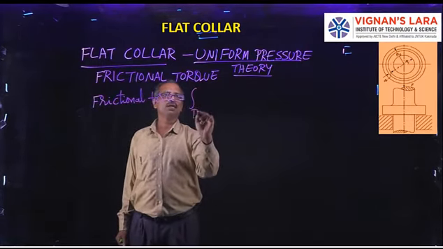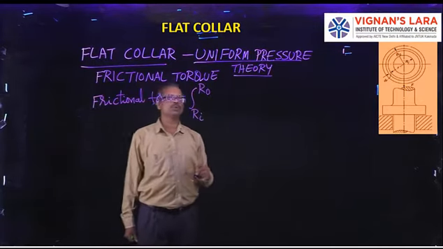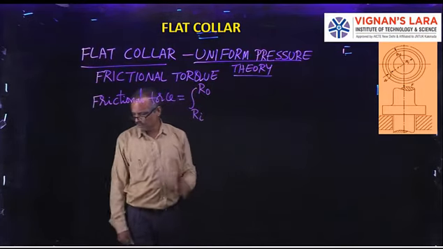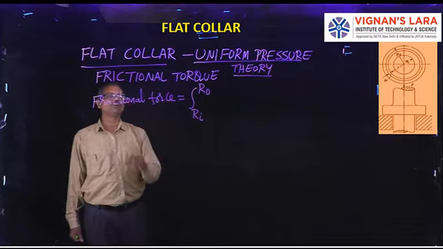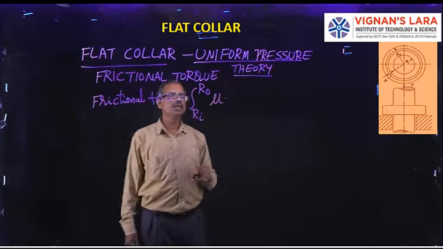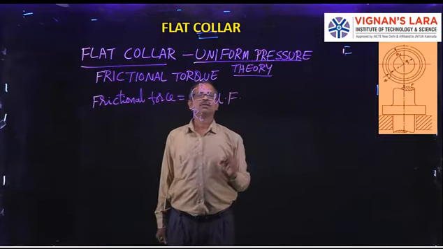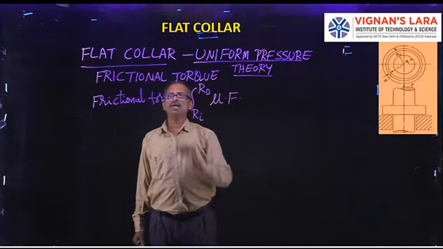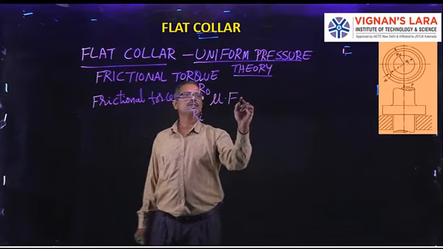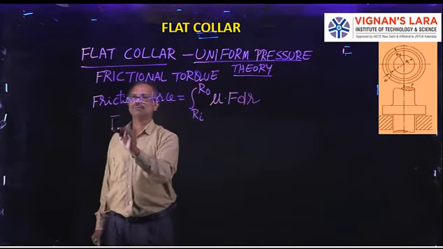If I want to find the total frictional force, I can integrate between the limits of Ri to R naught. So what is this frictional force? Friction mu into the force F, that is the frictional force. And what is the frictional torque?